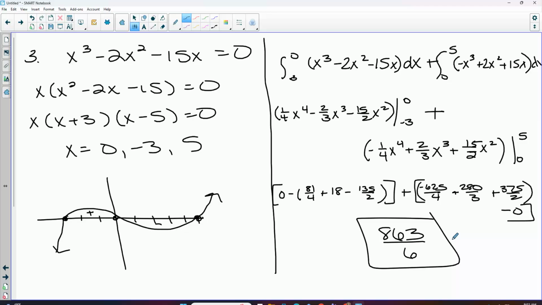So total area means you have to figure out if it's above or below the axis. If it's below, you have to run a negative through there so that you're getting the absolute value of it.